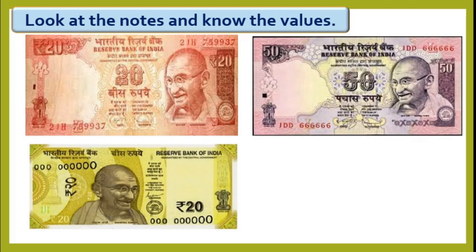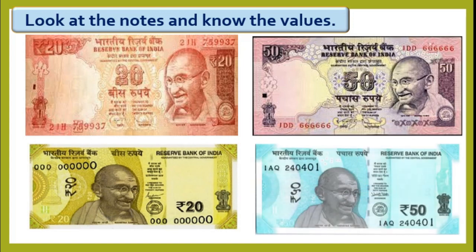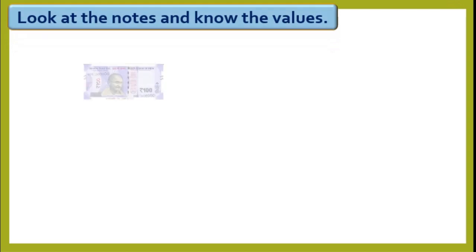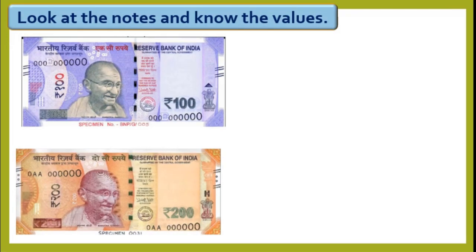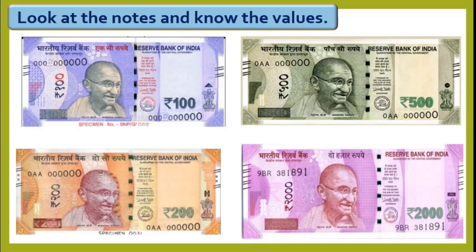Here also we can see 50 rupees old note and the 50 rupees new note. This is 100 rupee new note. This is 200 rupees note, 500 rupees note and 2000 rupees note. These all we are using nowadays, isn't it? These all are new notes.